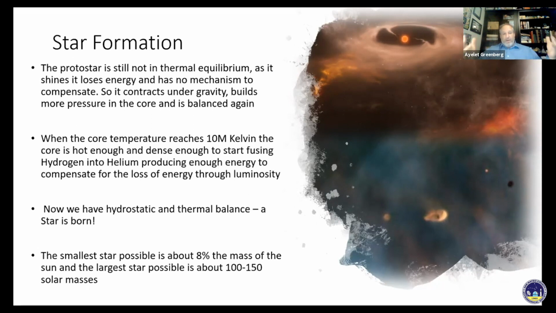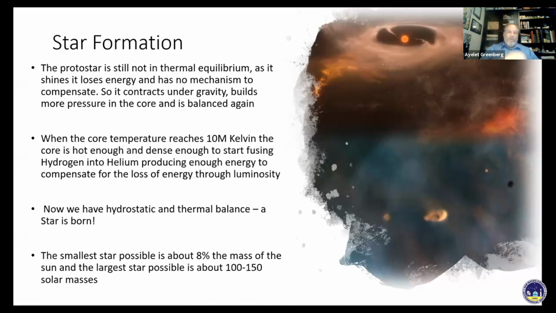If you had, let's say, only 0.5% the mass of the sun, or 0.4, or if you went to something like Jupiter at 0.2, it simply cannot contract enough to generate enough pressure and heat in the core to reach 10 million Kelvin. That means that nuclear fusion will never ignite. It will never start. And that's what we call a failed star or a brown dwarf: objects that are 7% or 6% or smaller than this.